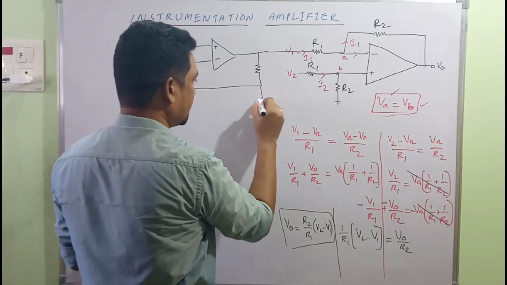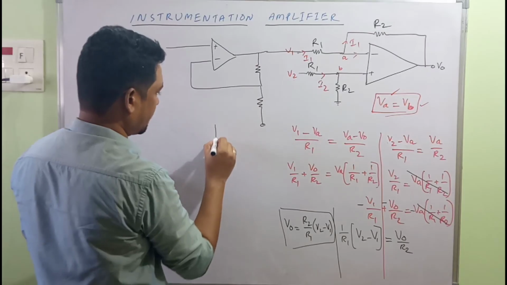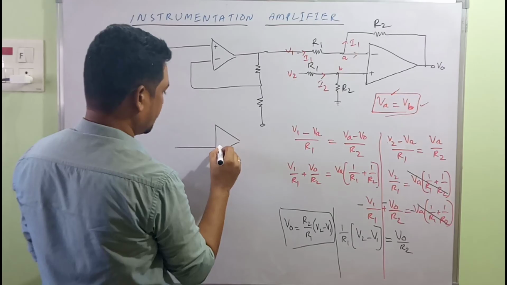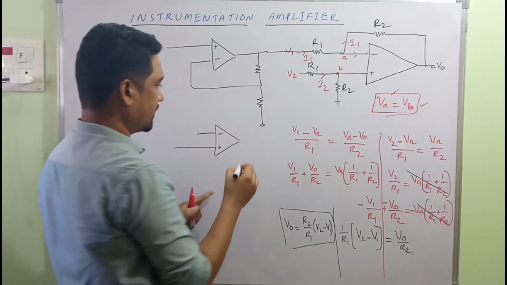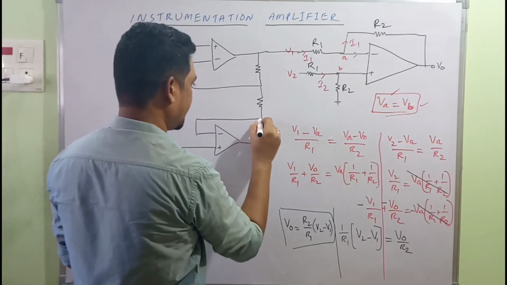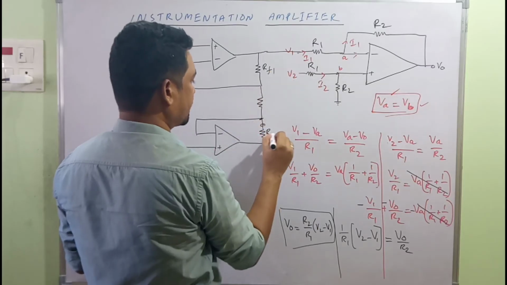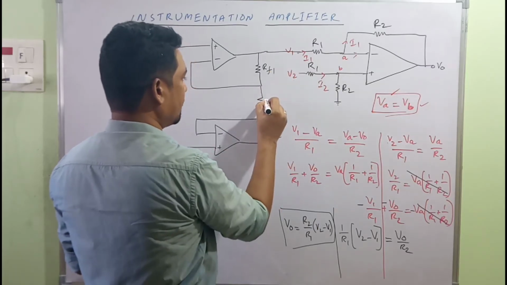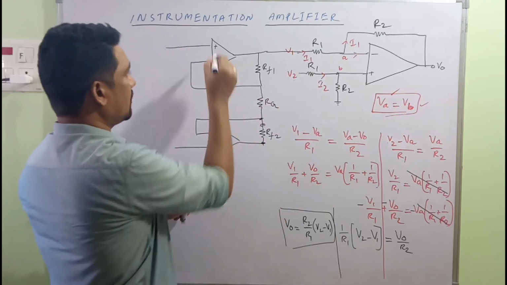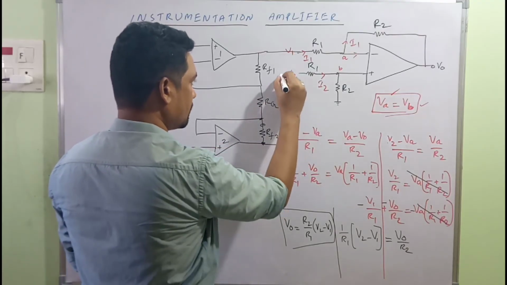Another resistance like this, and still another operational amplifier like this, with positive, negative, inverting, and another resistance like this. It's connected over here. Give some names: RF1 and RF2 feedback resistances, and let this be RG, and the outputs from operational amplifier 1 and operational amplifier 2 are connected to this point.